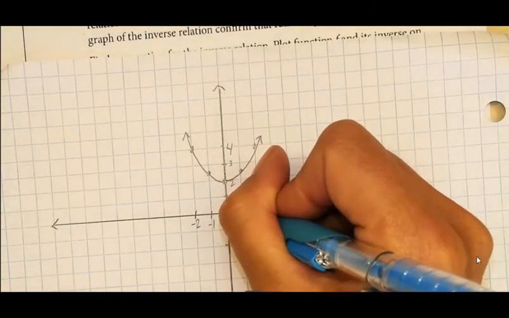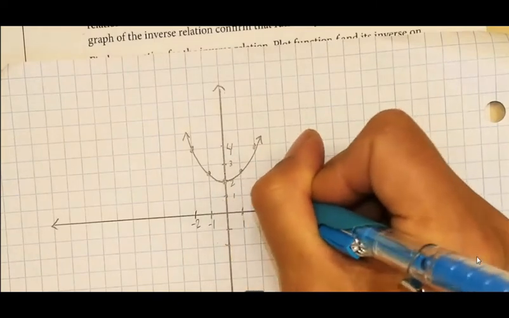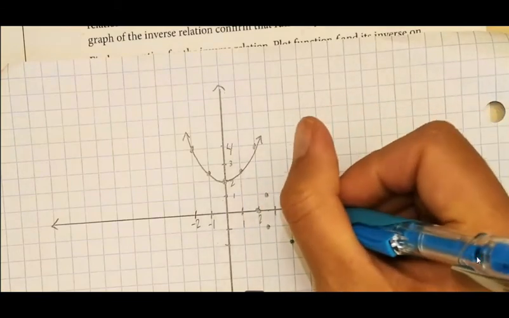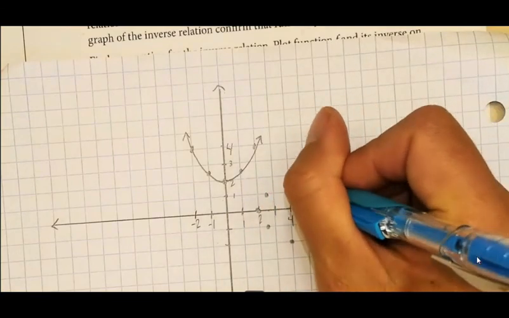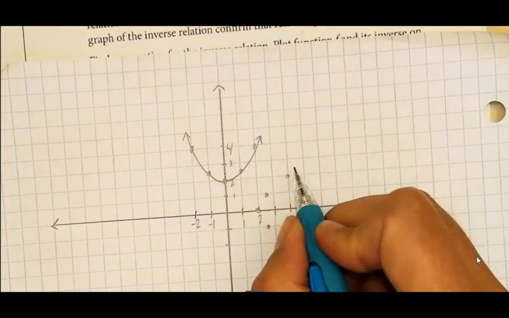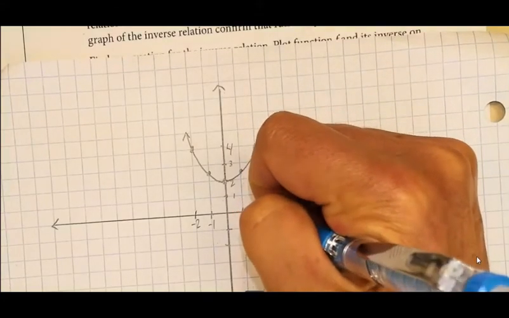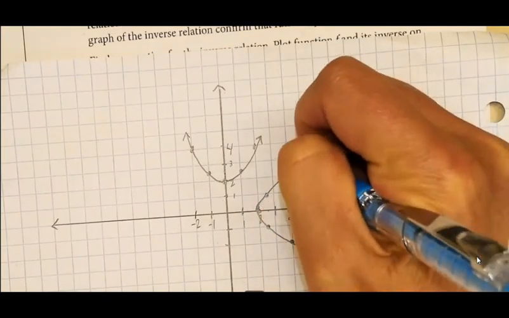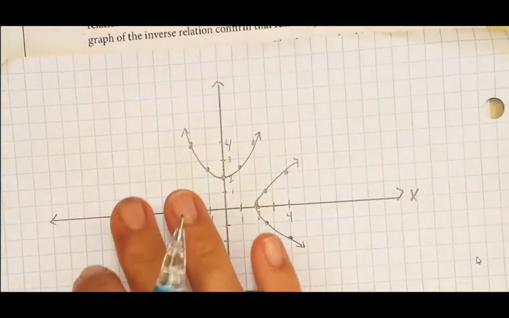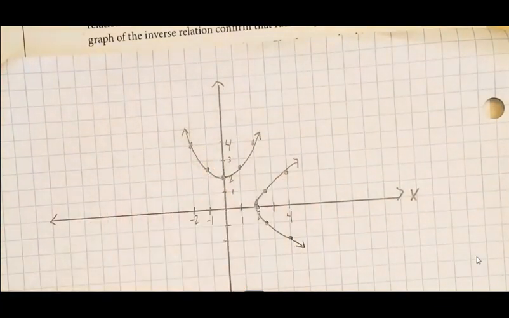Oh, no, 2.5, 1. And 4, 2. So that graph looks like, well, maybe a little too pointy, but that's okay. So basically it's a parabola turned on its side.